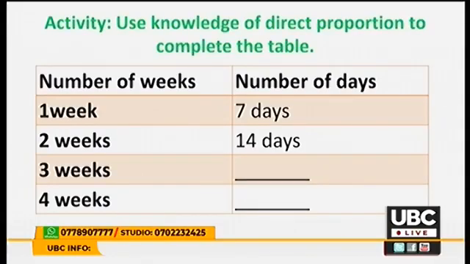So we have 1 week, 7 days, 2 weeks, 14 days. How about 3 weeks? How many days? And then we have 4 weeks, how many days? Don't forget to call in using the studio line to give us your answers and how you've gotten those answers.